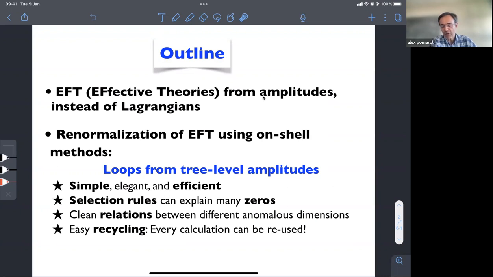That means that loops, instead of being calculated from Feynman diagrams, will always be calculated from on-shell, tree-level quantities.